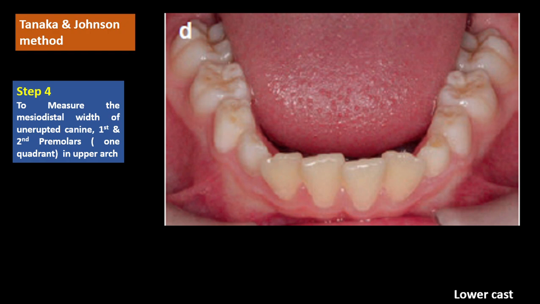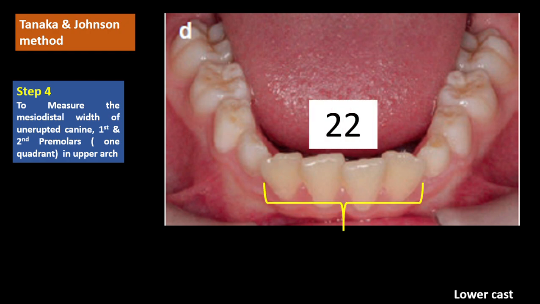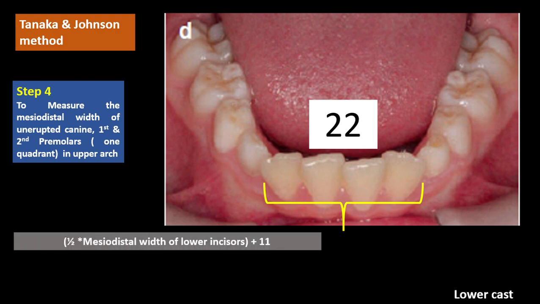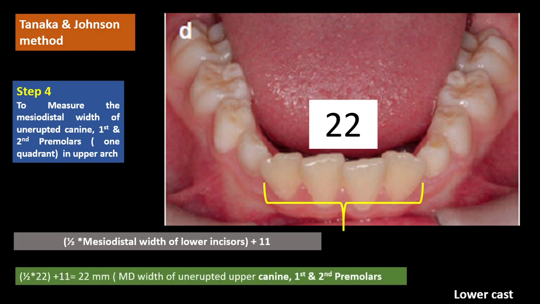To measure the mesiodistal width of the unerupted canine, first and second premolar in the upper arch, again, we have the mesiodistal width of the lower incisor. In our example, it's 22. In the Tanaka and Johnson method, we have the equation. In this equation, again, we will divide the mesiodistal width of the lower incisors by 2, and we will add 11.